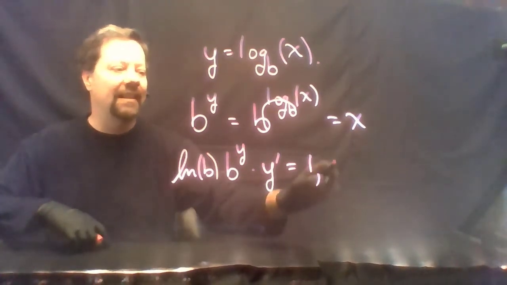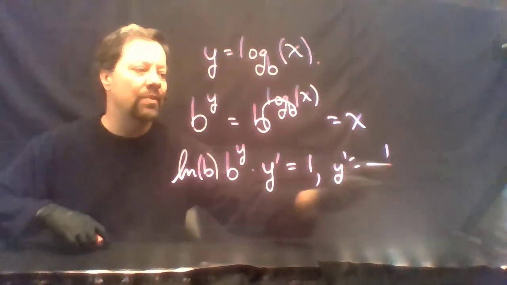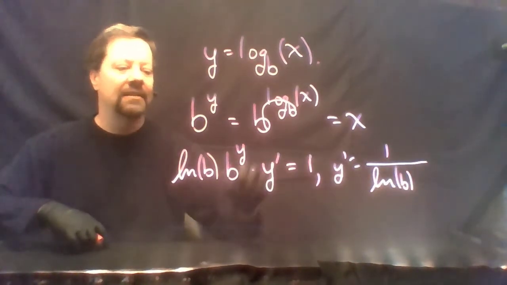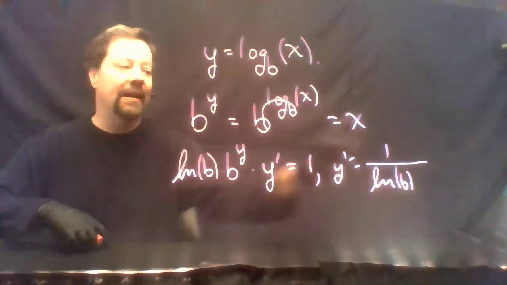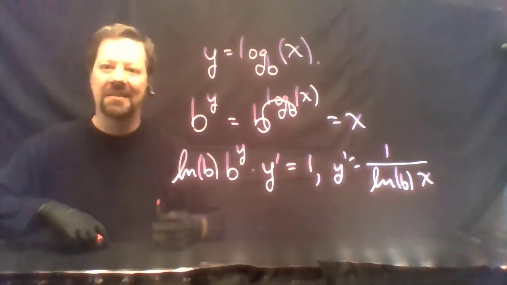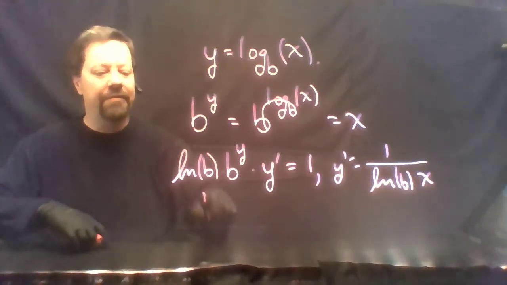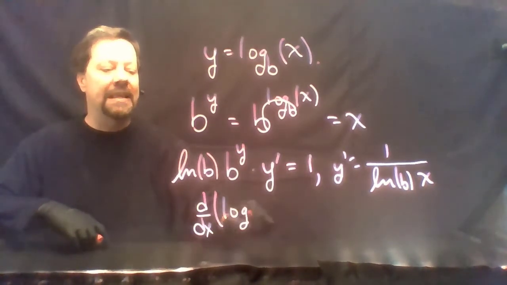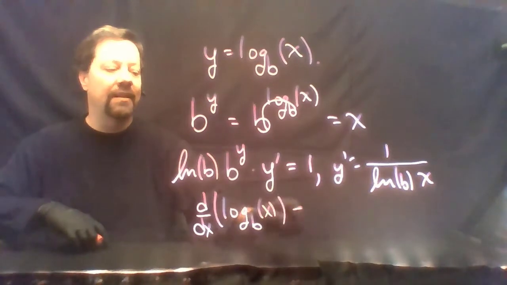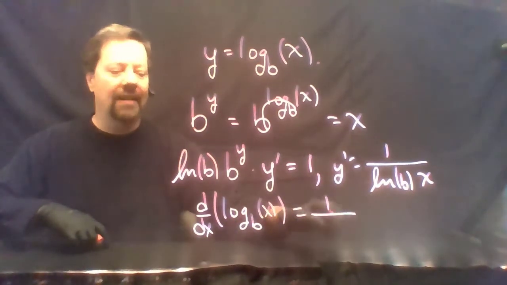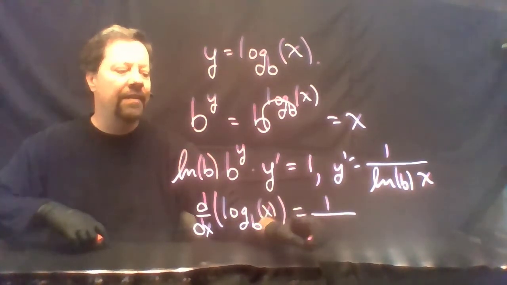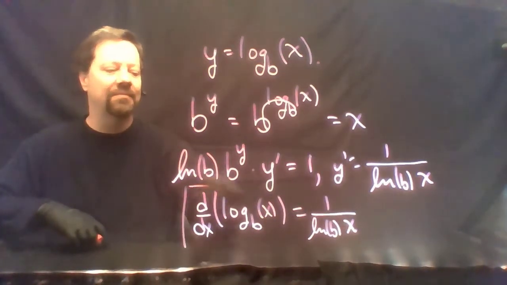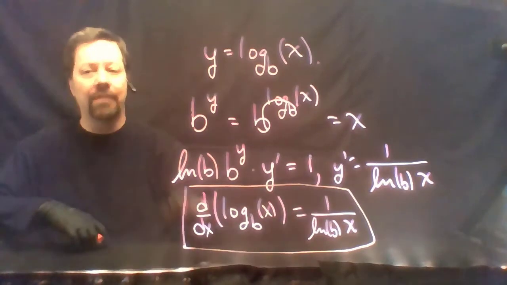We obtain then that y prime is 1 divided by natural log of b times b to the y, but b to the y is x. We proved then that the derivative of log base b of x is always not 1 over x, but 1 over the natural log of the base times x. And that's a formula I want you to memorize.